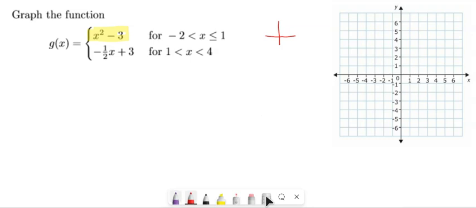And if you are familiar with transformation of functions, this means shift downward, right? So your parabola is going to be this way, and 3 is going to be here. All right. On the other hand, we know the minus 1/2 x plus 3 is an equation for a line.